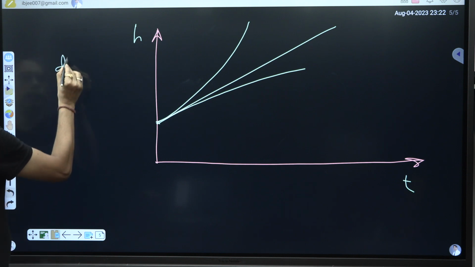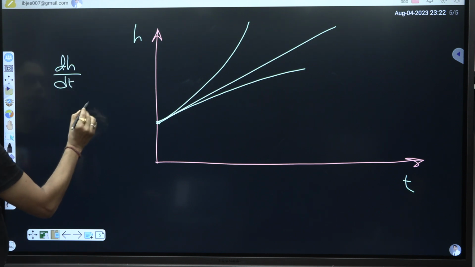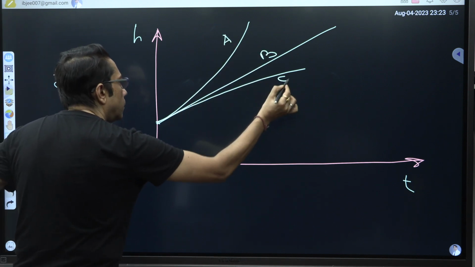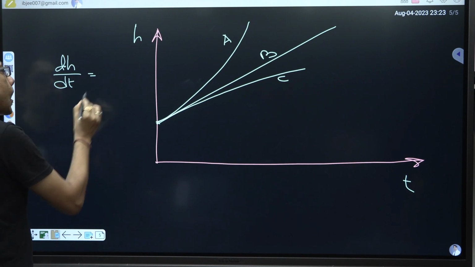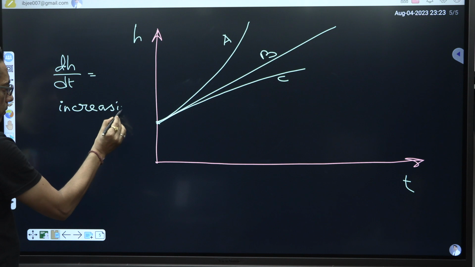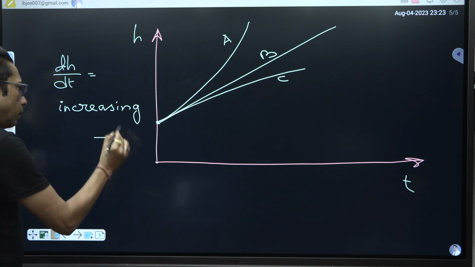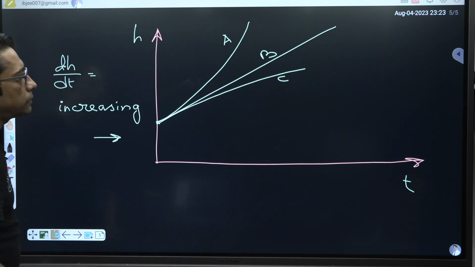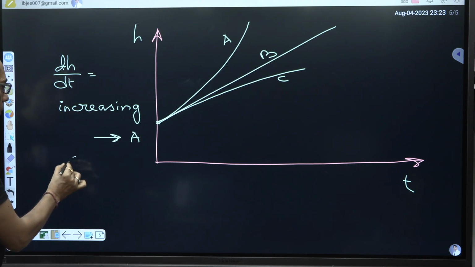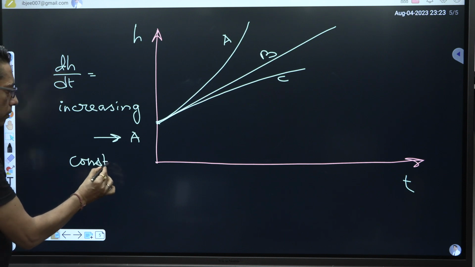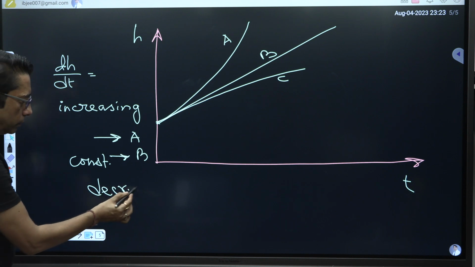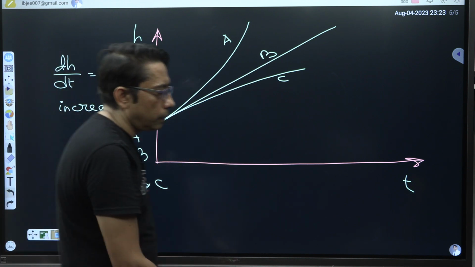If I say dH by dt equals to increasing, for which graph is dH by dt increasing? Sir, A. Very good. Constant? B. B, and decreasing? C. Yes. Remember this thing first.